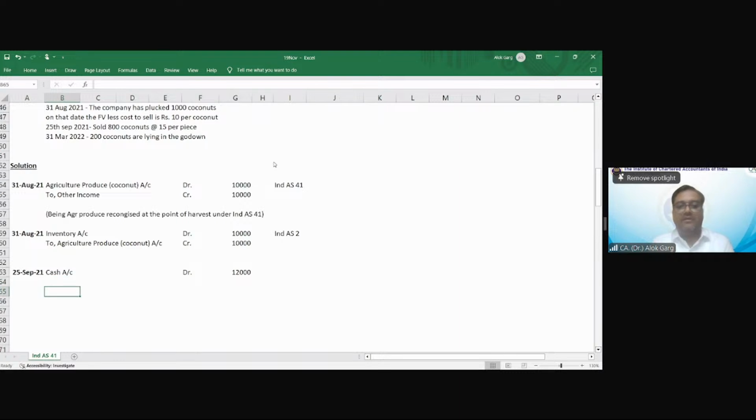To what? To inventory. By what amount? Cost, 8,000. 800 multiplied by cost 10. What is the cost? 10 rupees. 8,000. Then what is the remaining thing? To profit on sale, P&L.